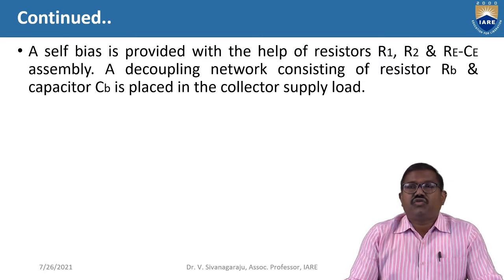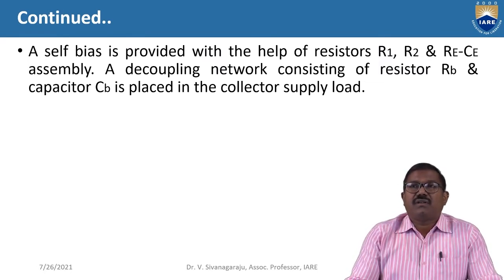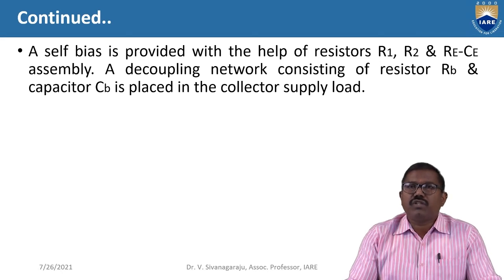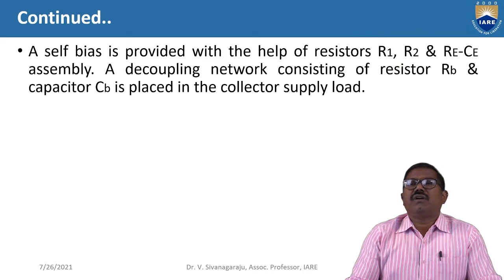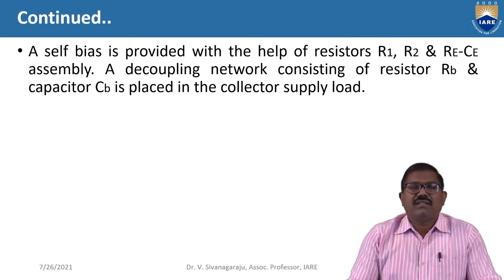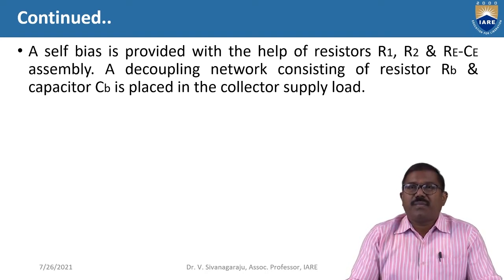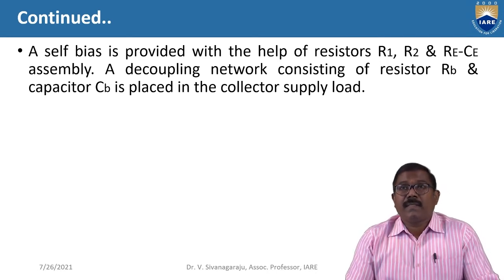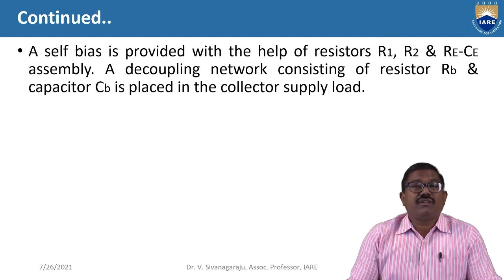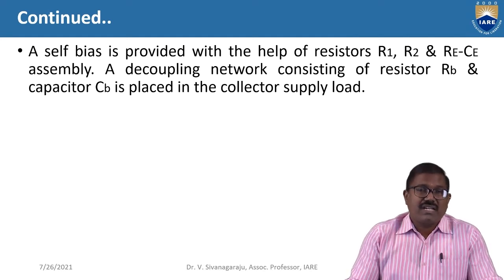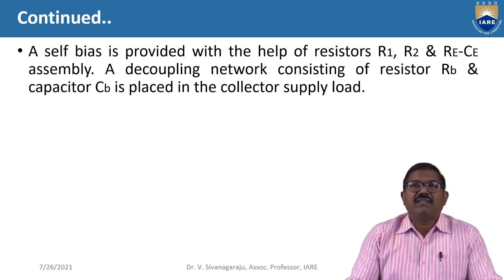And for the transistor, the resistors R1, R2 provide self bias. So self bias is provided with the help of R1, R2, and RE CE assembly. Already you can see in this circuit diagram these resistors and capacitors which are connected, and a decoupling network consisting of resistor RB and capacitor CB is placed in the collector supply load.